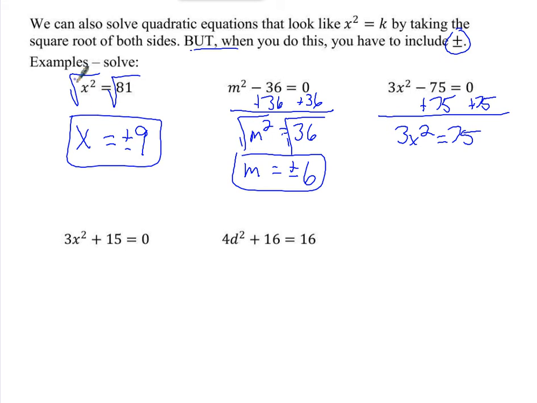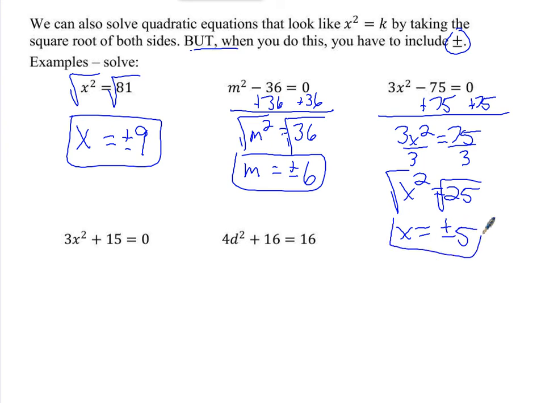We had just x squared. So on this one we want just x squared. So divide both sides by 3. And that gives me what? x squared equals 25. And 25 is a perfect square, which is great. So what can we do now? Square root both sides, and we have x equals plus or minus 5. There's your answer.